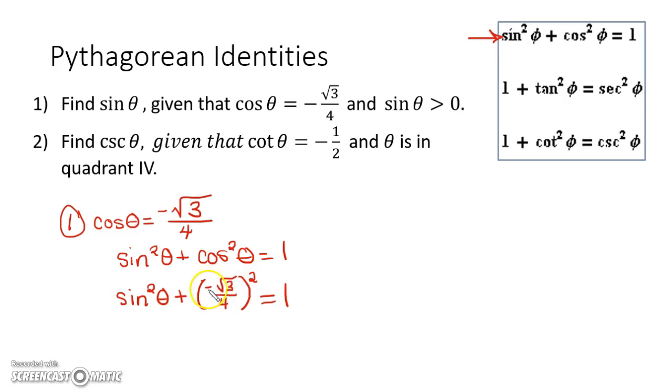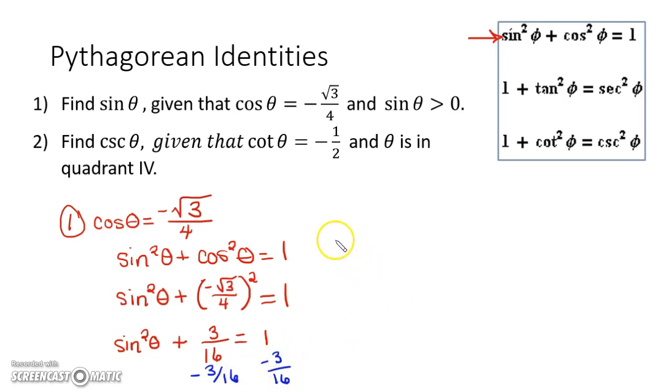If I square a negative, that becomes a positive. Square the top and the bottom. Square root of 3 squared is just 3. 4 squared is 16.